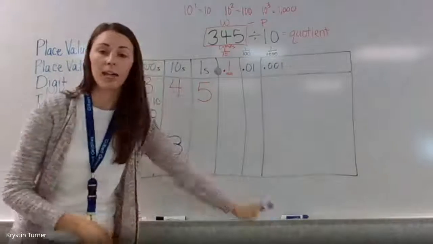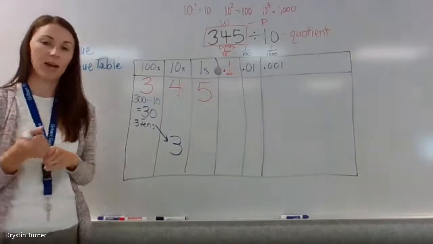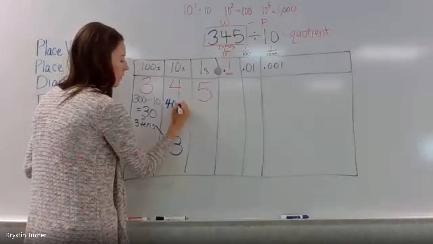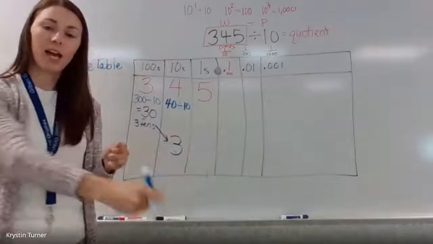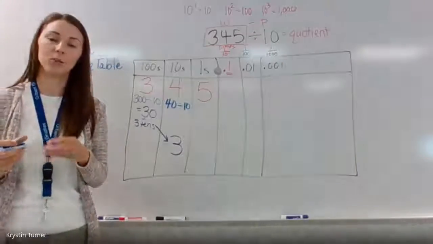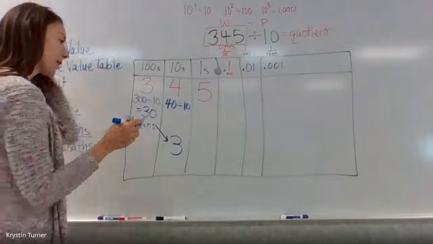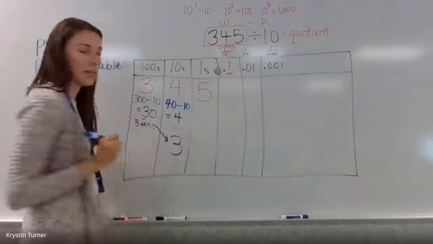We're going to move on, and our next part that we're going to do is 40 divided by 10. So again, thinking about money, if you had $40 and you're dividing it into 10 equal groups, how much would be in each group? So I am going to think 4 would be in each group.